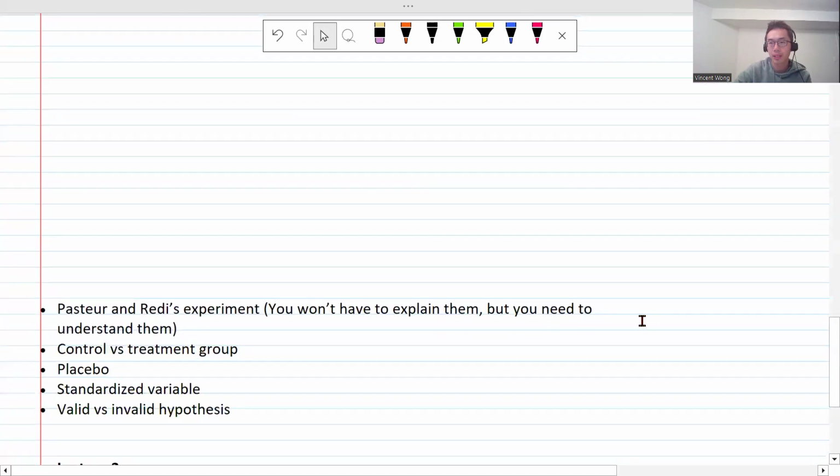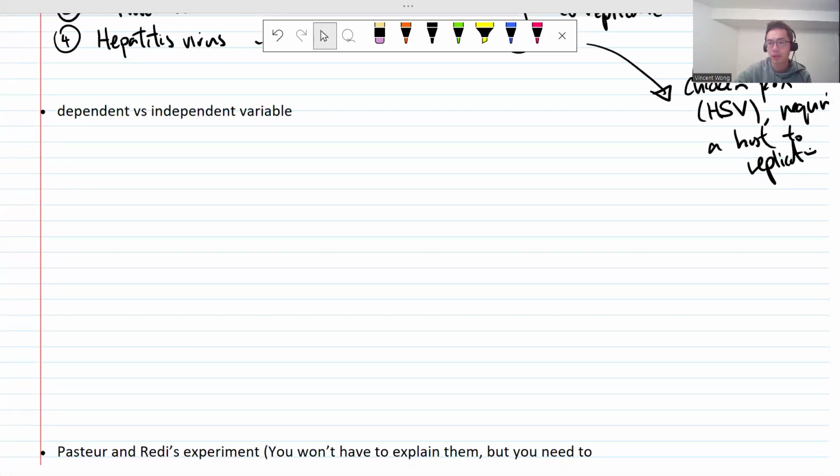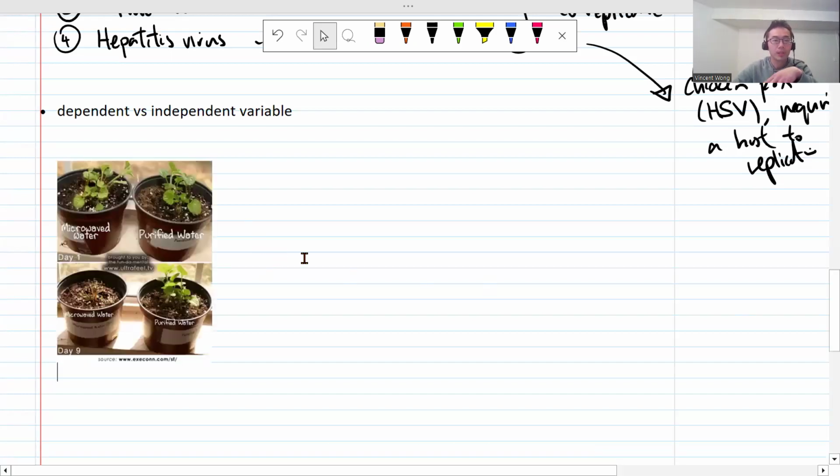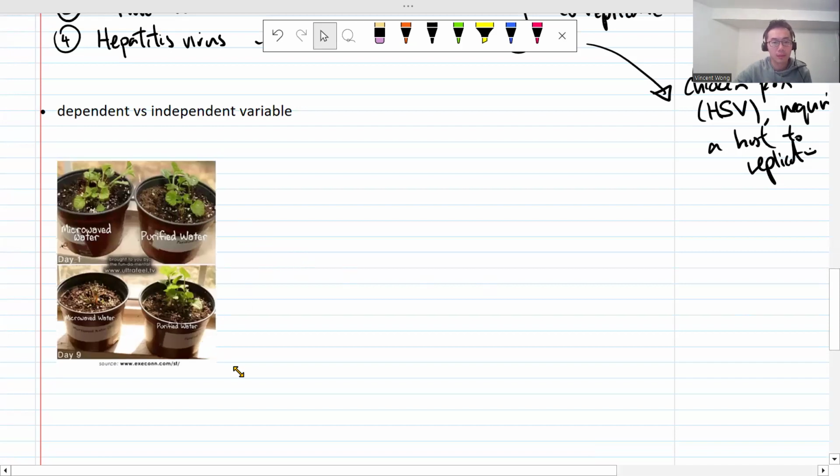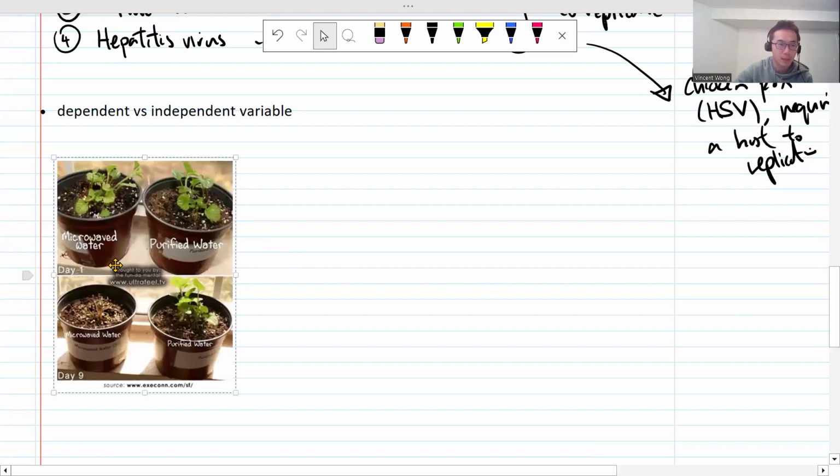But there was an example in the PowerPoint that we didn't have time to go into too much detail in class, and I'm just trying to find that right now. It was the one with the microwave water. There you go. So the internet says if you water your plant with microwaved water, it's gonna kill the plant.